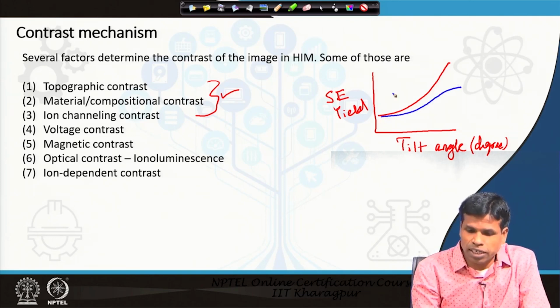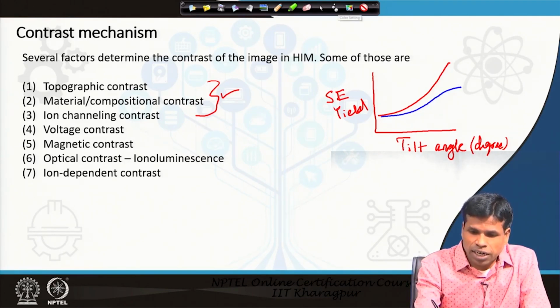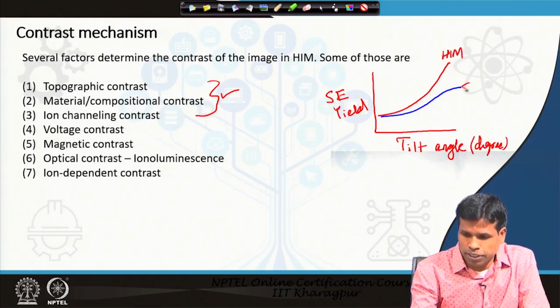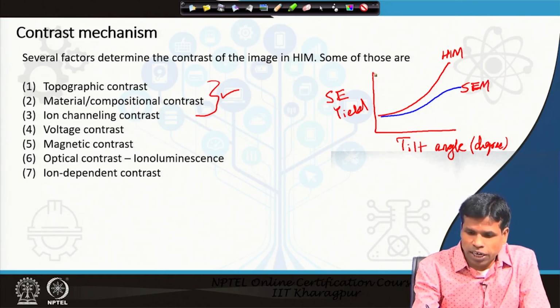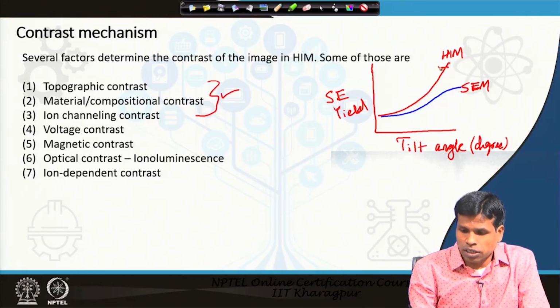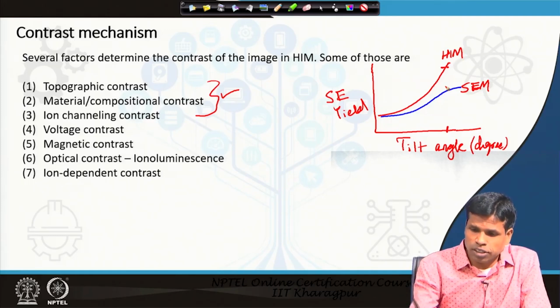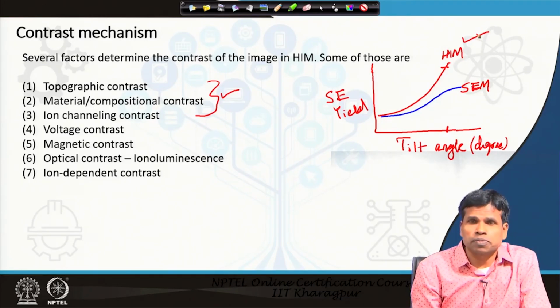The secondary electron yield drastically increases for the ion microscope. This is for the helium ion microscope, this is for SEM, because the yield of the secondary electron is higher with the ion microscope at a particular tilt angle. Therefore, we have a better contrast in the helium ion microscope.